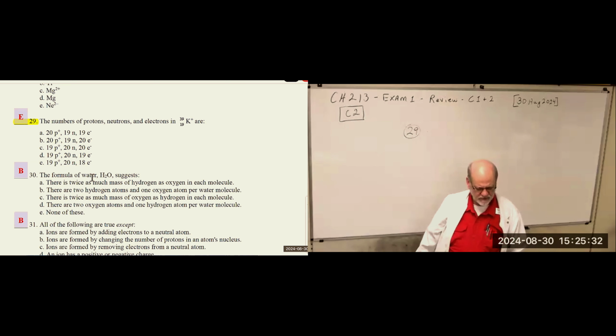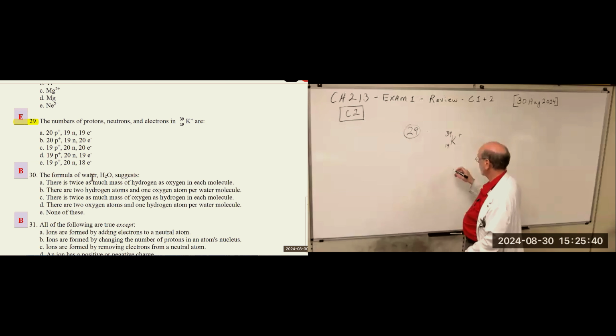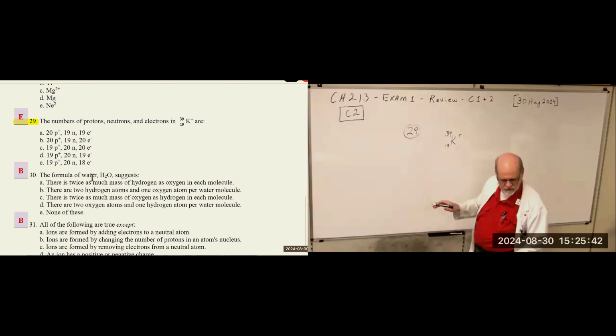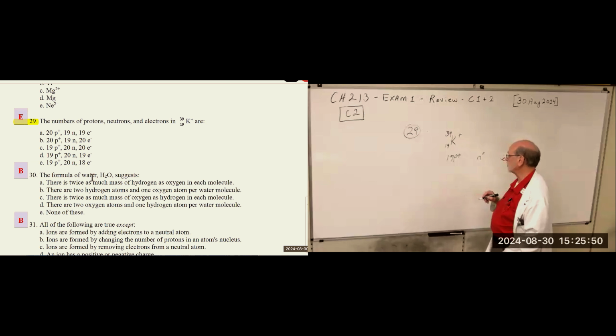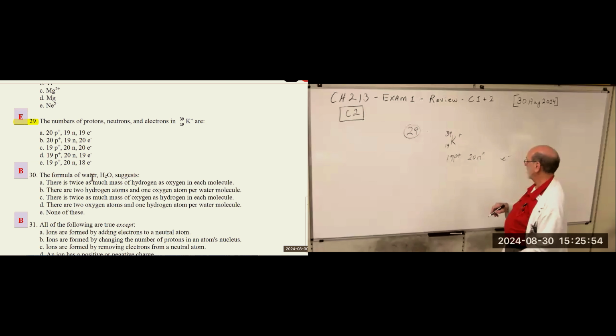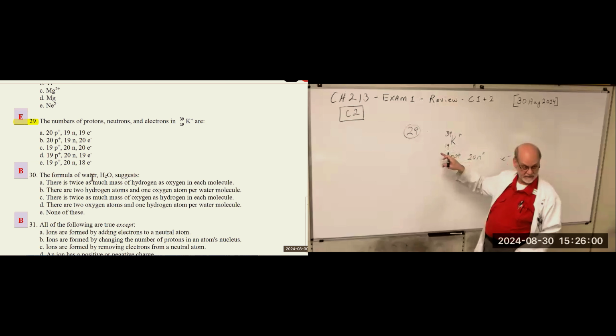Let's see, the number of protons, neutrons, electrons in K plus. Okay, we know the order is protons, neutrons, electrons. So we know we have 19 protons. How many neutrons do we have? 20? Yep. If we have an excess of 1 positive, that means we have 1 less negative.